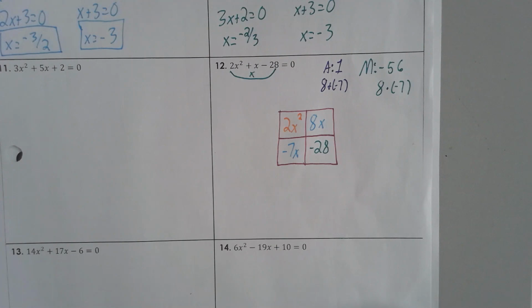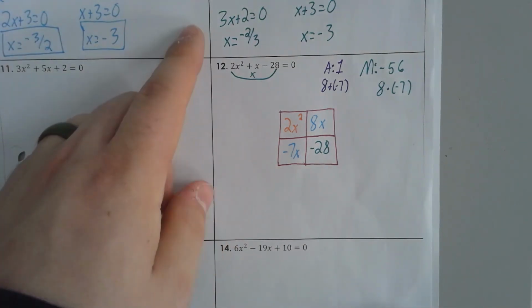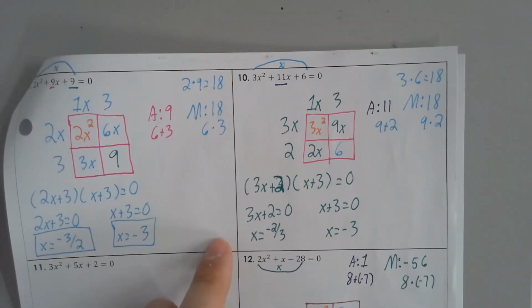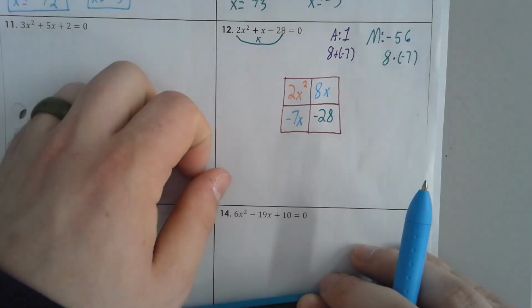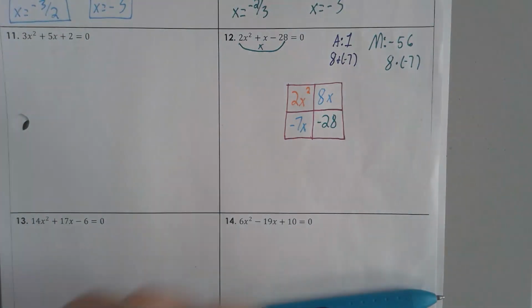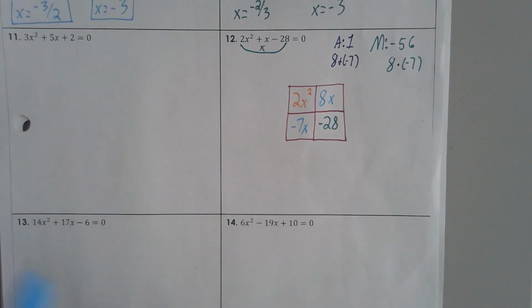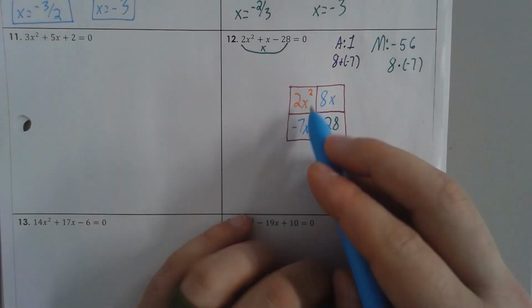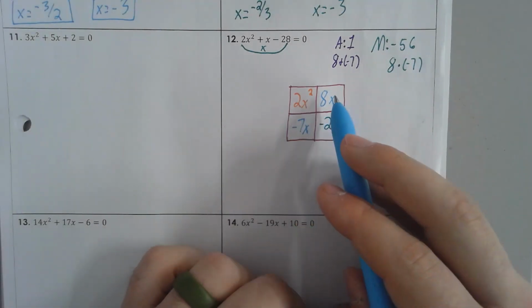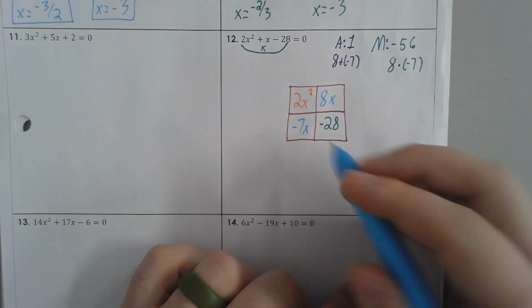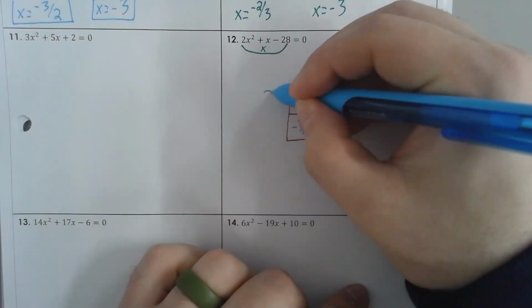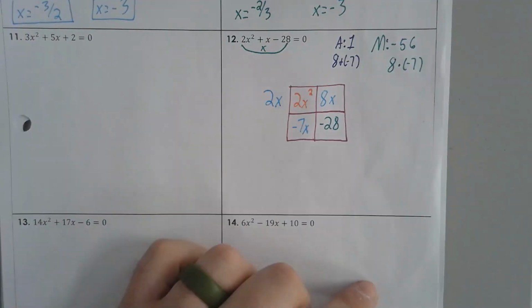So here's where it's a little bit different. Up to now we've just been dealing with all positive numbers. Now we've got some negatives mixed in there. It changes things just a little bit. So up here, if we're factoring across the top row, those are both positive. So we treat it like normal. We're going to get a 2x out of those.